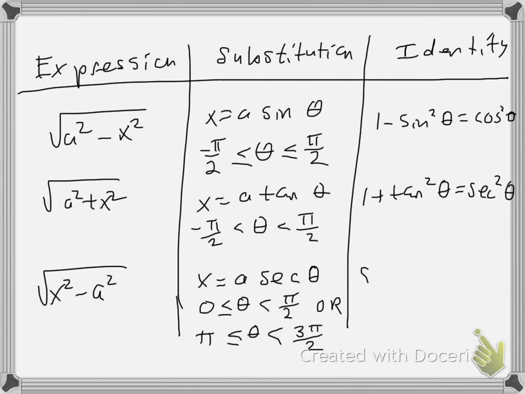And the identity will be secant squared of theta minus 1 equals tangent squared of theta.